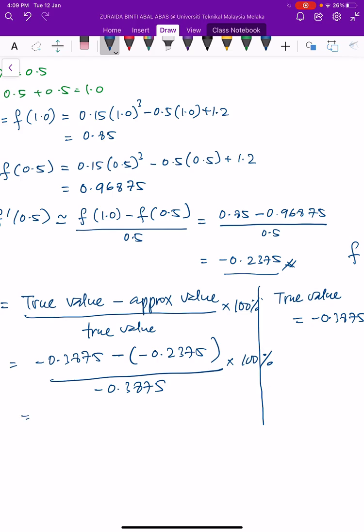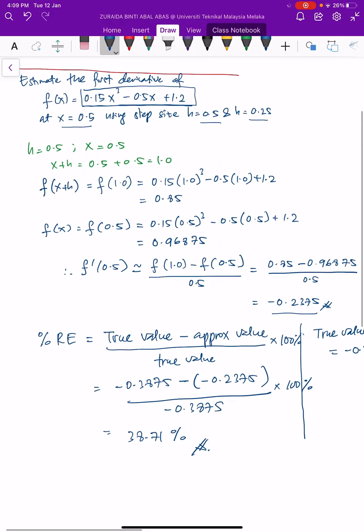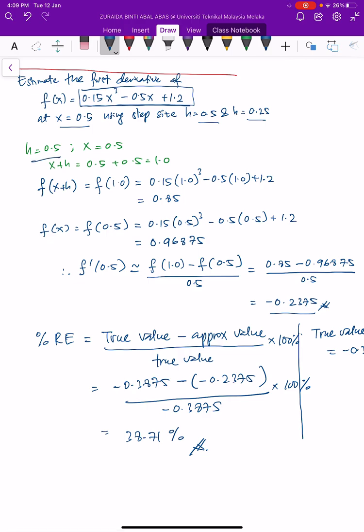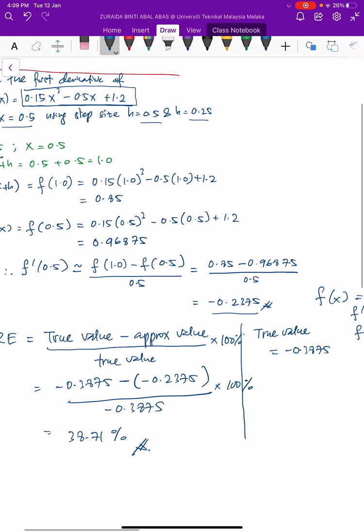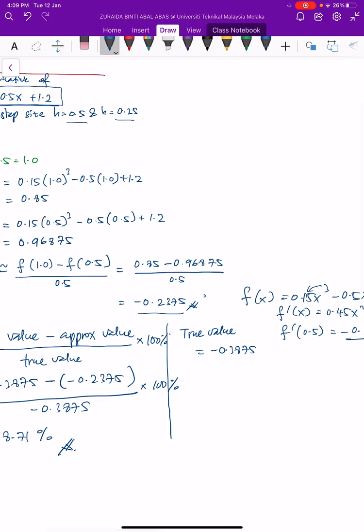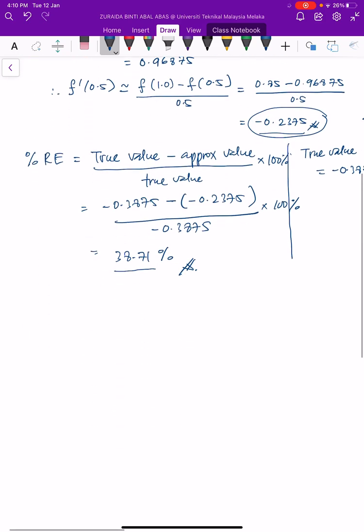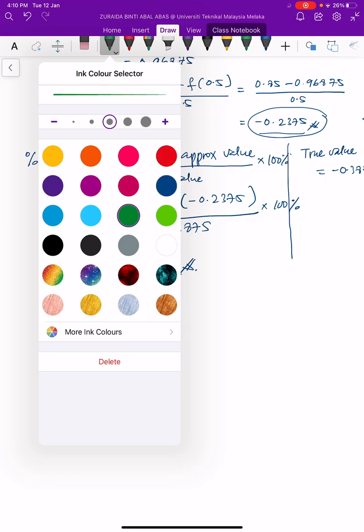So you will get 38.71%. So using step size h equal to 0.5, you will obtain this approximation for the first derivative, with 38.71% relative error.